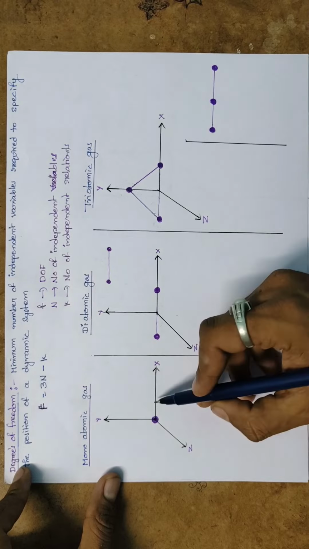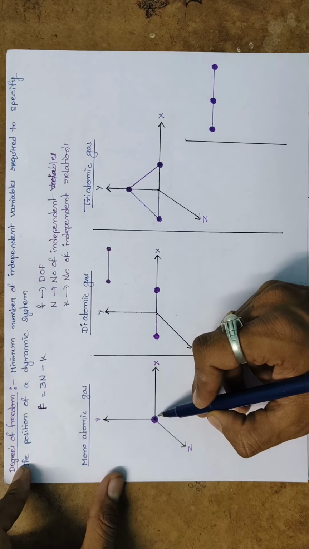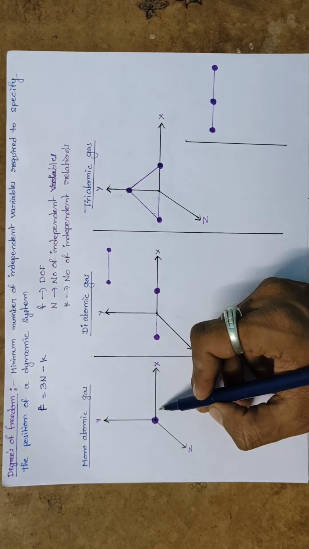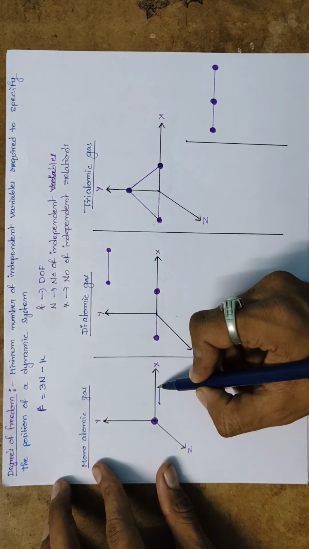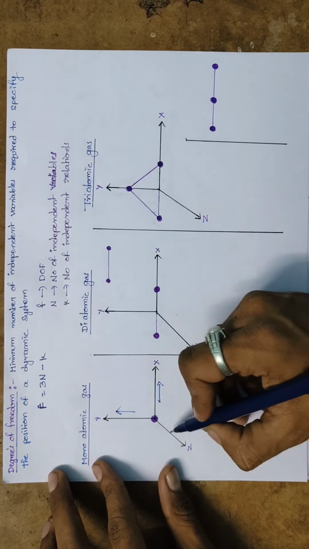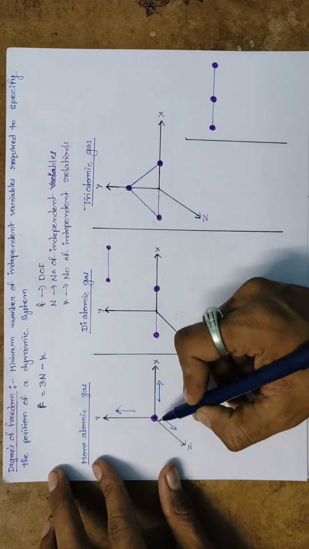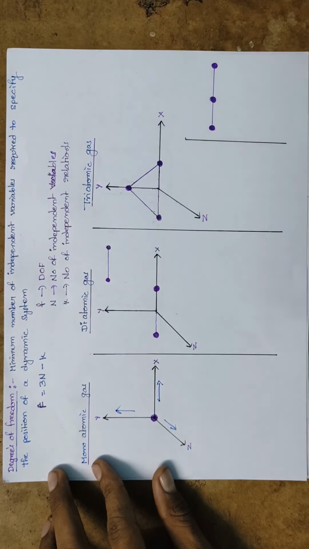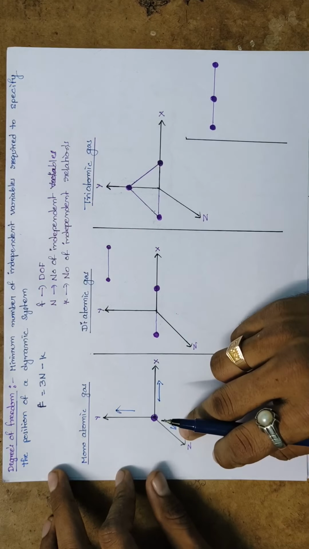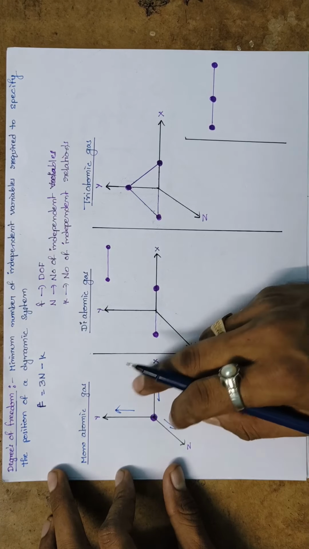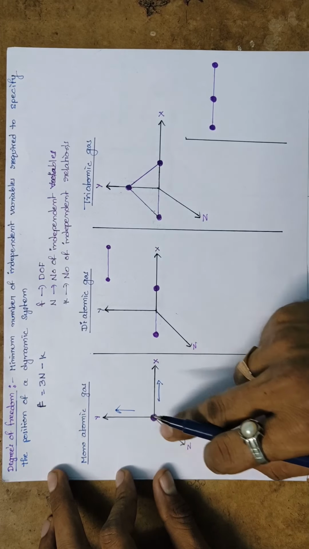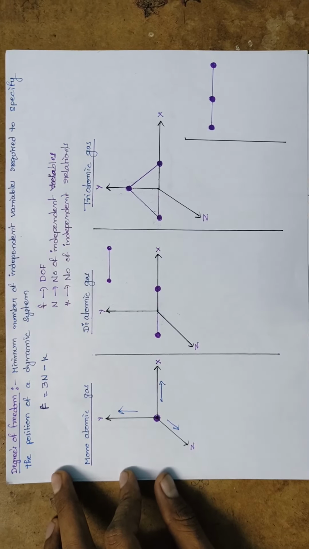Okay, now whenever a particle is located exactly in three-dimensional space, either this particle will move along x-axis direction, or it will move along y-axis direction, or it is possible to move along z-axis direction. So we can say that this particle will move in three-dimensional space either along x-axis, y-axis or z-axis.